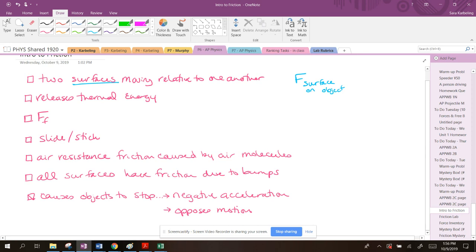No. The normal force is perpendicular. I want you to think about a frictional force. Do you think a frictional force is ever going to be perpendicular to a surface? No. In fact, it's the opposite of perpendicular. It's always going to act parallel to the surface.